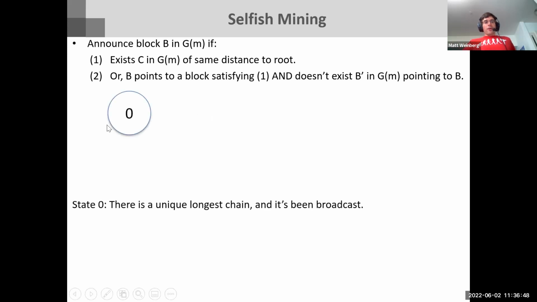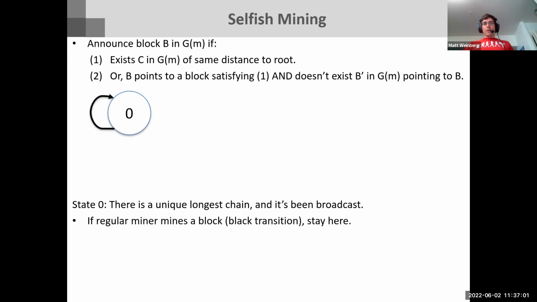Okay, so how does the game start? The game starts in this state 0. There's a unique longest chain. Everyone agrees on the longest chain. The selfish miner has nothing hidden. This is where the game is right now. One thing that might happen is maybe an honest miner creates a block.